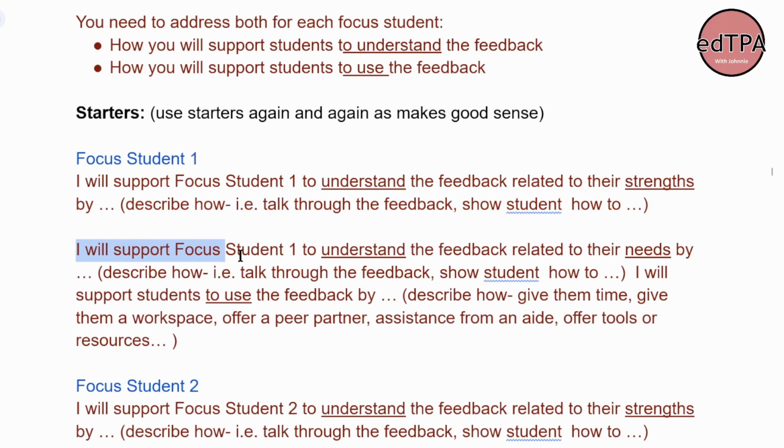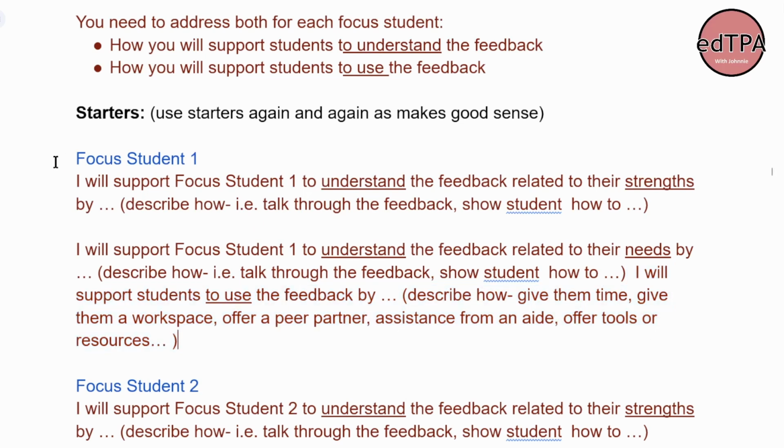I will support focus student 1 to understand the feedback related to their needs by, and describe how, talk through the feedback, show student how. These are examples, okay? I will support students to use the feedback by, describe how, give them time, give them a workspace, offer a peer partner, assistance from an aide, offer tools or resources.